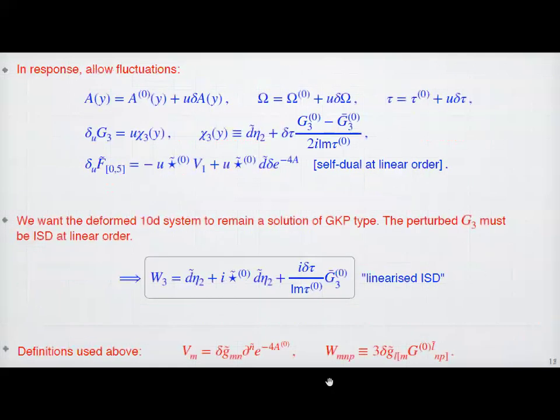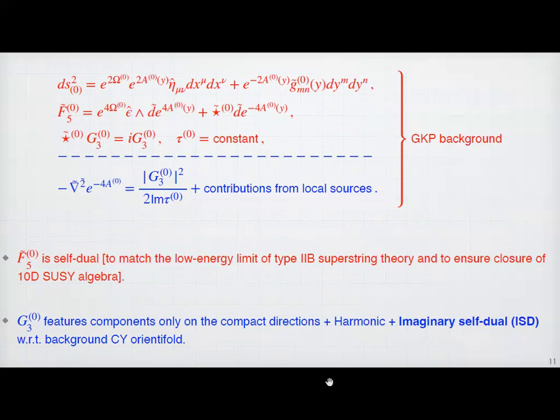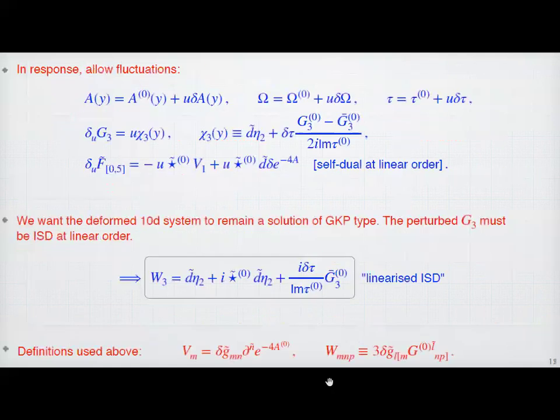So we should allow some fluctuations also in the 3-form flux through some potential eta 2, and the 5-form flux. Why so? Because we want the deformed 10D system to satisfy the 10D linearized equations of motion. If you only fluctuate these and do not adjust the others, they will not satisfy the linearized equations of motion. So these are the fluctuations that can be engineered.